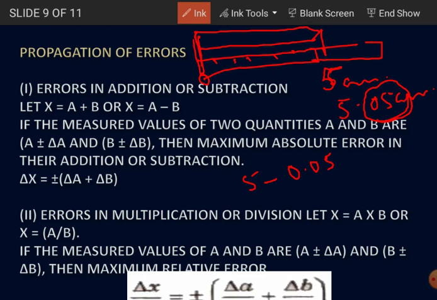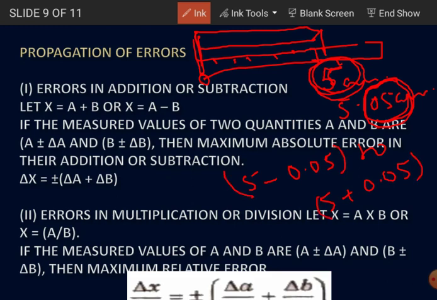If the error comes out to be 0.05 centimeter, then the measured value will surely lie between 5 minus 0.05 to 5 plus 0.05 centimeter.